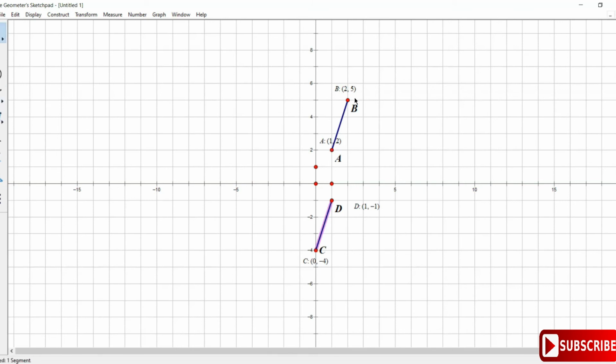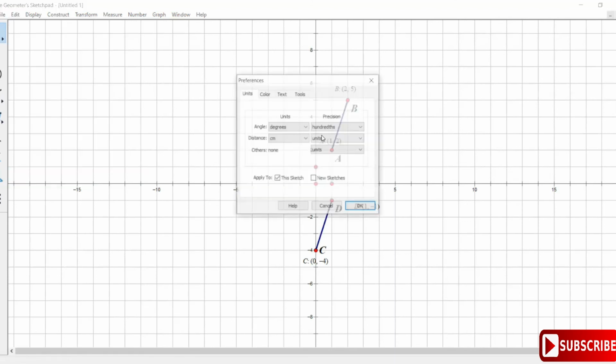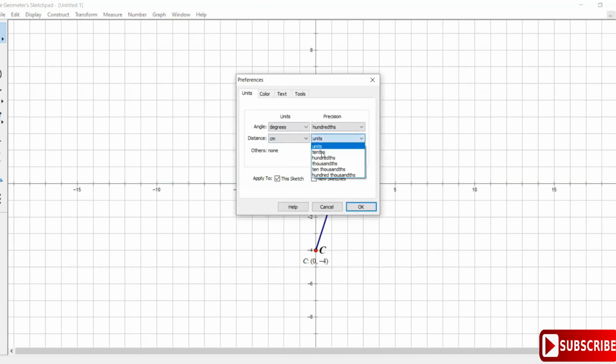To show that they're equal, I'm going to measure their length. So measure distance. We want the distance not in units; it can give us tenths.